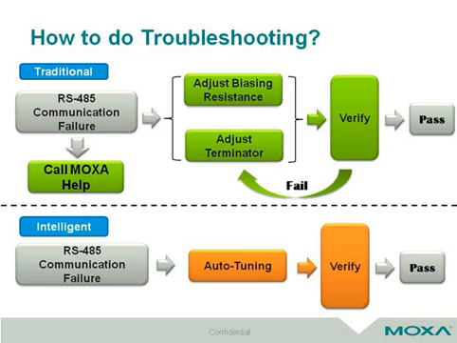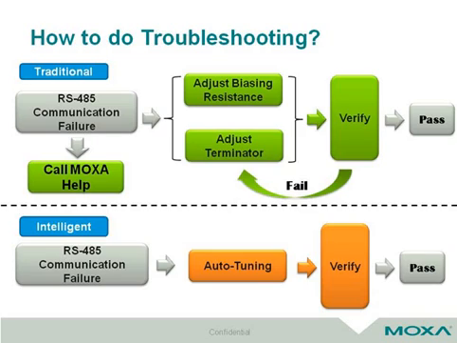But seldom do customers exactly know how to correctly tune the values. So in the process, they always use trial and error. It means it will spend a lot of time.